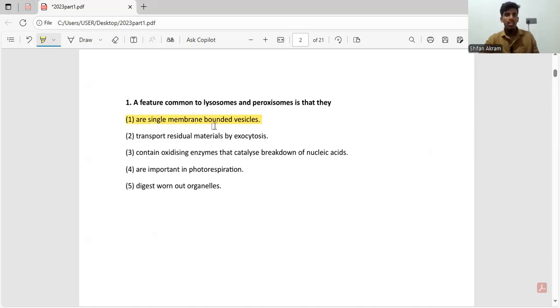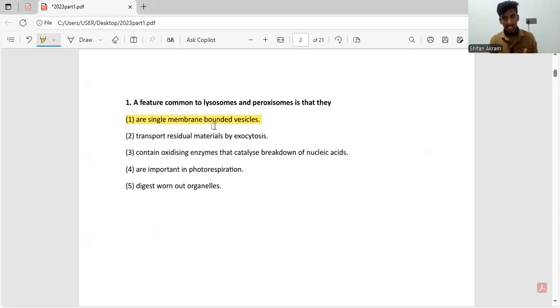Okay. Now let's go through all the other answers too. Transporting residual materials by exocytosis. Now, as I told earlier, lysosomes are involved in digesting worn-out organelles. So they kill the old organelles that are present inside the cell. When these old organelles are digested, the waste materials should be secreted out of the cell.